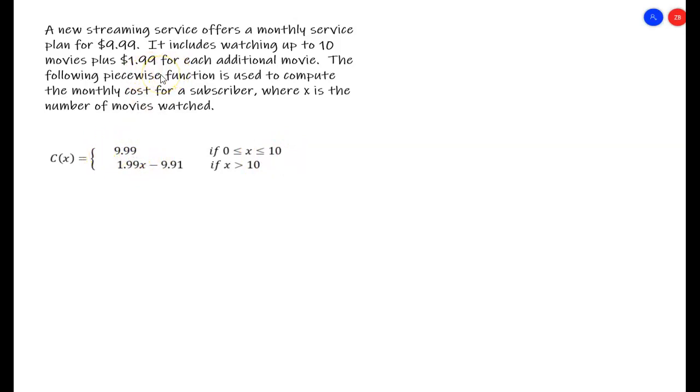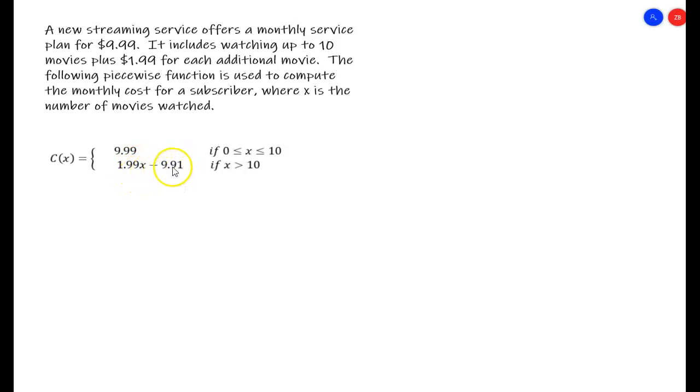However, we can watch more than 10 movies at a cost of $1.99 for each additional movie. So here's how we set this function up. So it's $1.99 per movie. So for example, if we watched 20 movies, that would be 20 times $1.99.